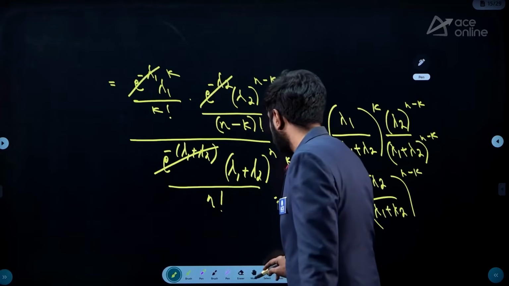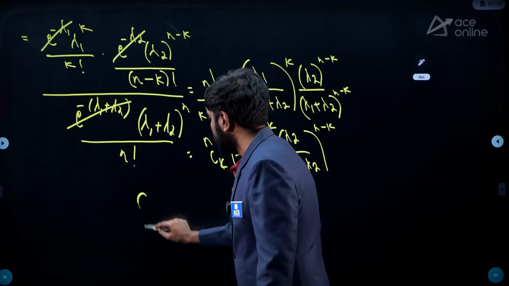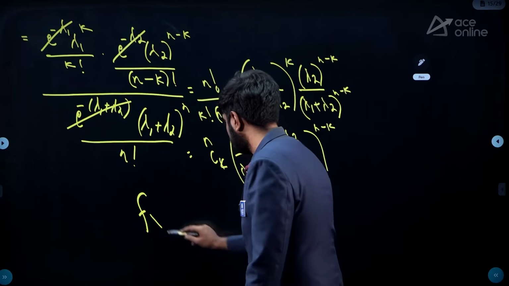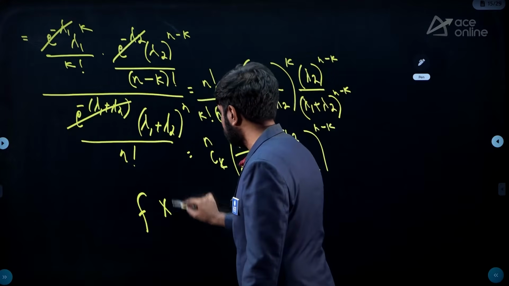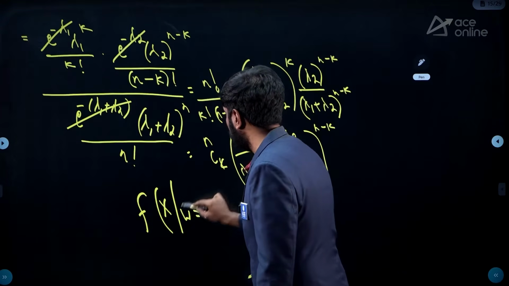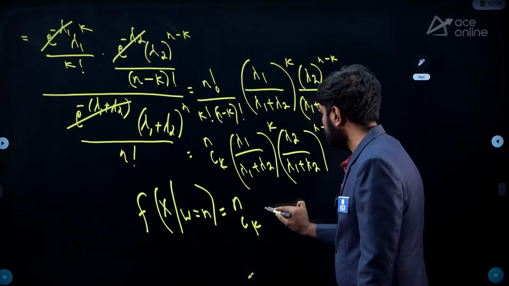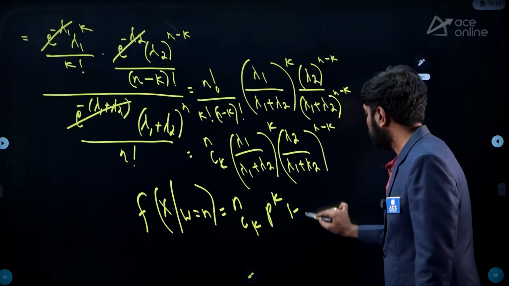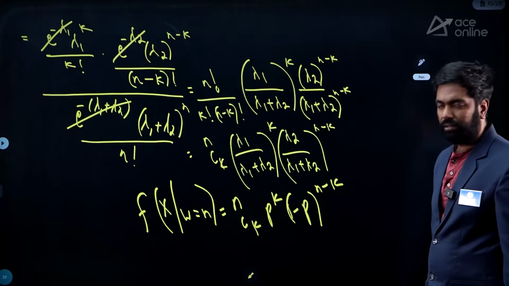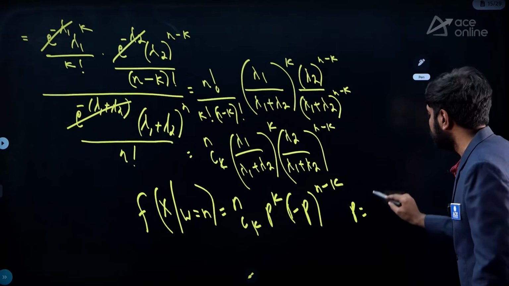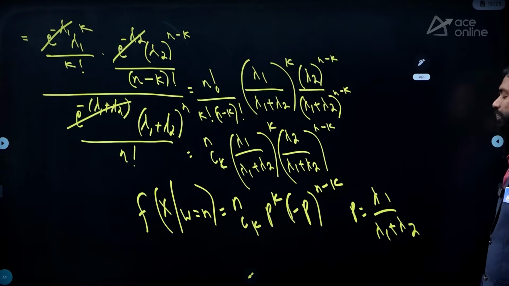what are we trying to find? We are trying to find the conditional PMF. So the conditional PMF of x given w equal to n. How does this resemble? It resembles nCk p power k, 1 minus p whole power n minus k, where n is n and p is lambda 1 by lambda 1 plus lambda 2.